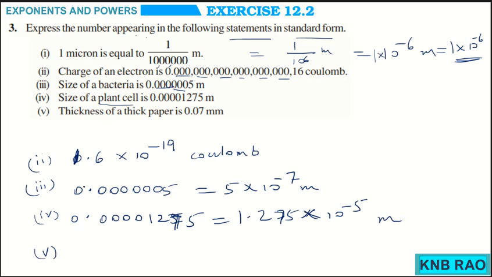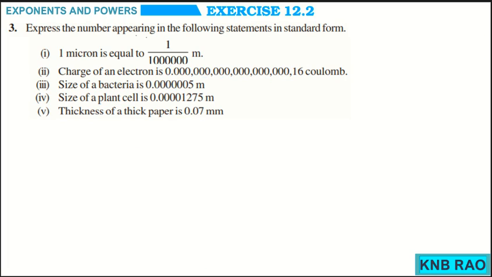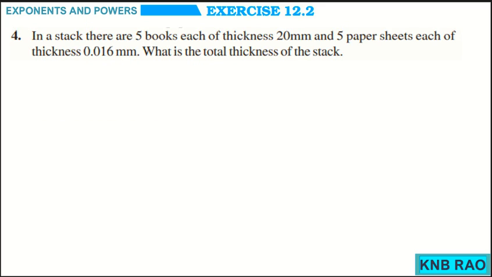In the question number 5, thickness of a thick paper is given as 0.07 millimeter. If I convert it into the standard form, it becomes 7 into 10 power minus 2 millimeter will be the thickness of a paper.